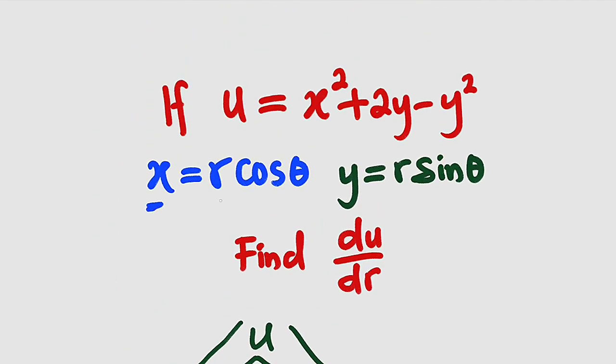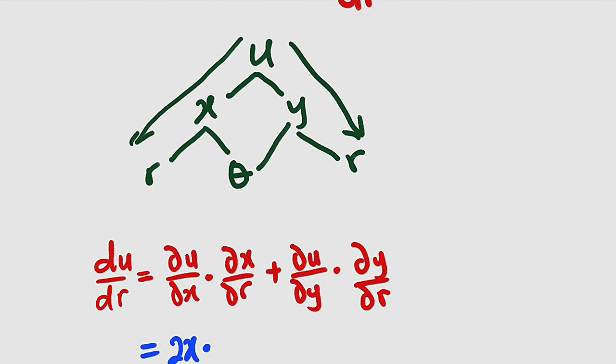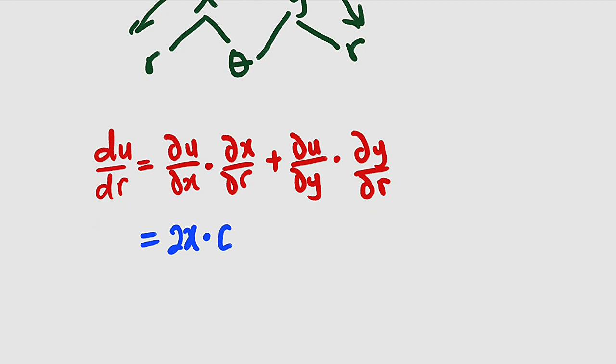This is x equals r cos theta. Theta is another variable, but since we are differentiating with only r, it remains constant. Differentiating r alone gives us 1, and 1 times cosine theta will be cosine theta.